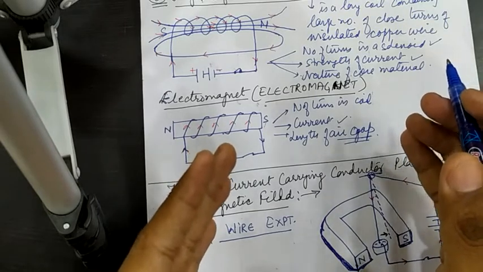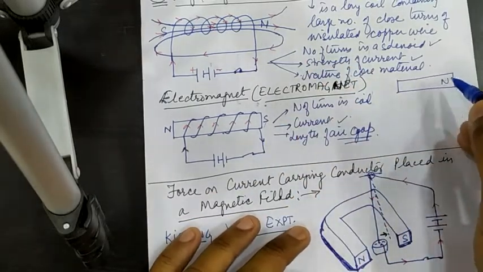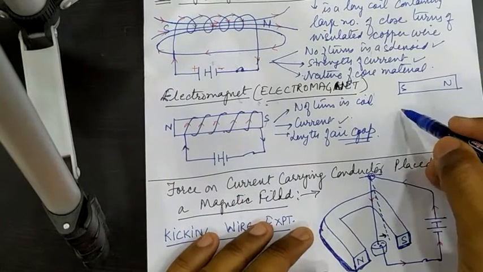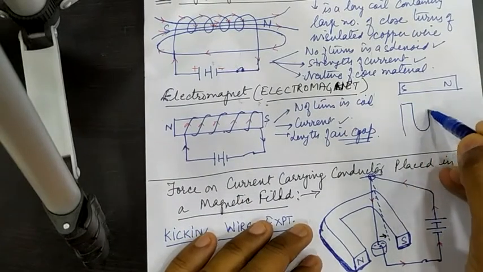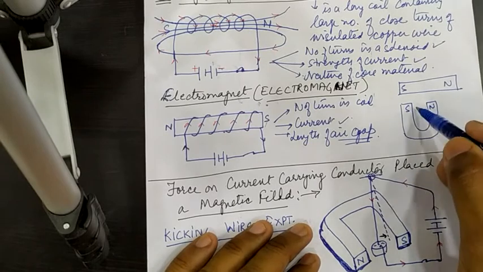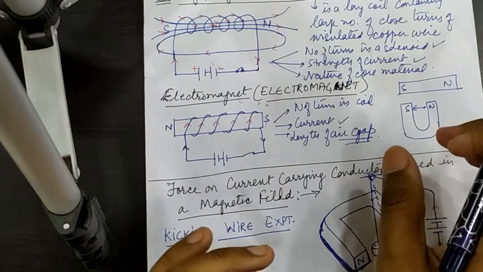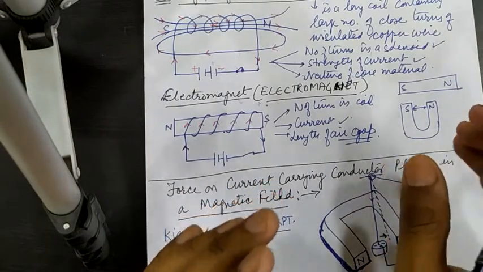Why? Because the gap between the north and south poles, in that case, is a little bit more. But in the case of a U-shaped magnet like this, let us suppose this is the north pole and this is the south pole, the gap is less over here. So it will become a very strong electromagnet.